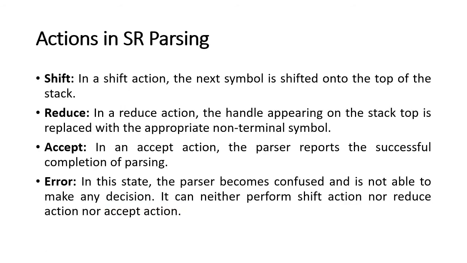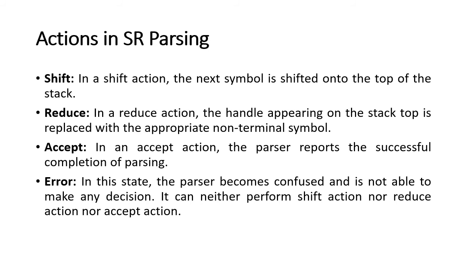There are 4 actions which we have to see while using shift reduce parsing. One is called shift. If we move the next symbol from the input onto the top of the stack, that is called a shift. If there is a handle and we change it to a new production, that is called a reduce.